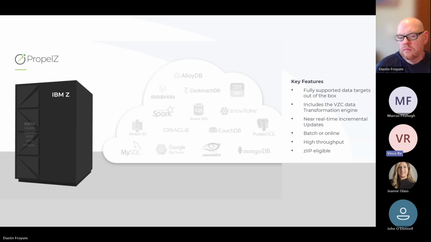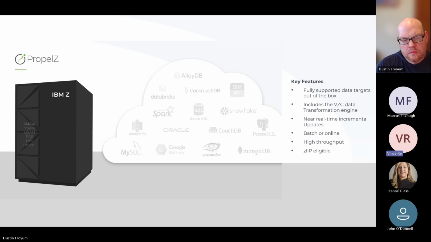So we've been careful to architect PropelZ to be zIIP eligible. The code executes on an IBM specialty processor. And what that means is that you can run all the PropelZ that you want, and it doesn't cause your mainframe software bills to climb.